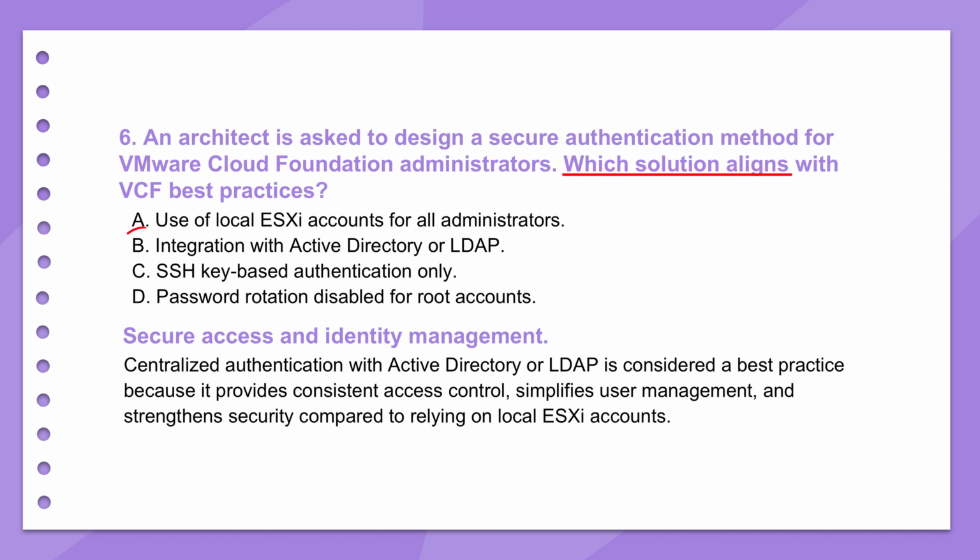The point is, instead of creating separate usernames and passwords on every single VCF component, which would be a nightmare to manage and secure, you connect it to your organization's central identity system. This gives you secure, auditable, role-based access control. You define roles like cloud admin or network admin in one place, assign users to those roles, and VCF respects those permissions. It's far more secure and manageable than local accounts. Right. One central place to manage who gets in and what they can do.